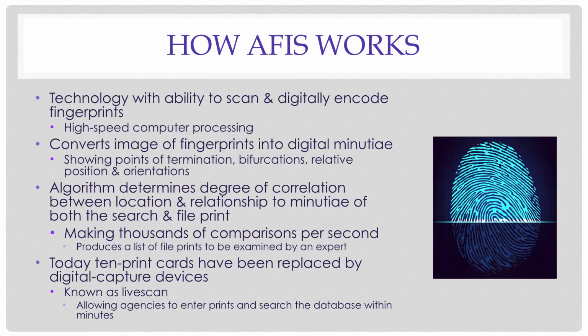It converts the image of fingerprints into digital minutiae, showing the points of termination, which are the ridge endings, the bifurcations, which are where the ridges branch into two ridges, relative position and orientation. An algorithm is then used to determine the degree of correlation between the location and the relationship to the minutiae on both the search and the file print.